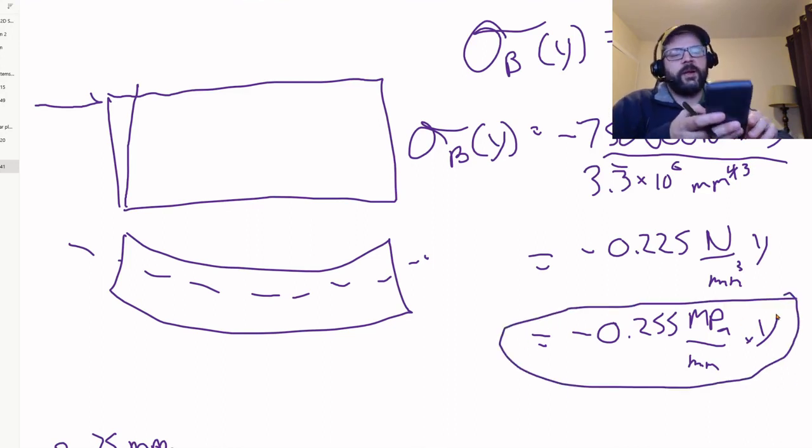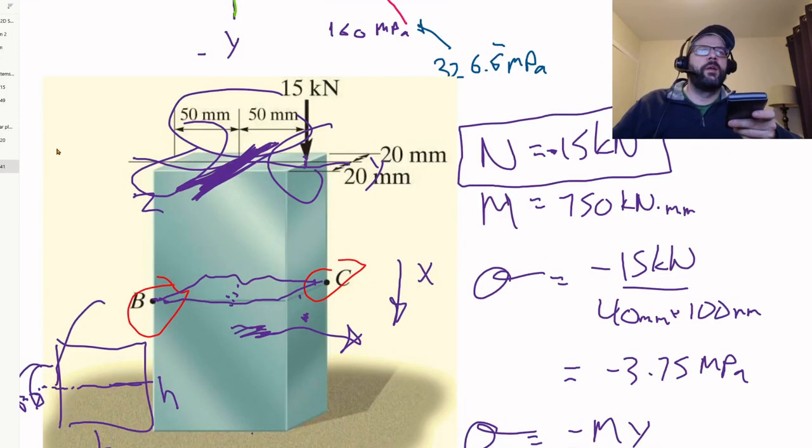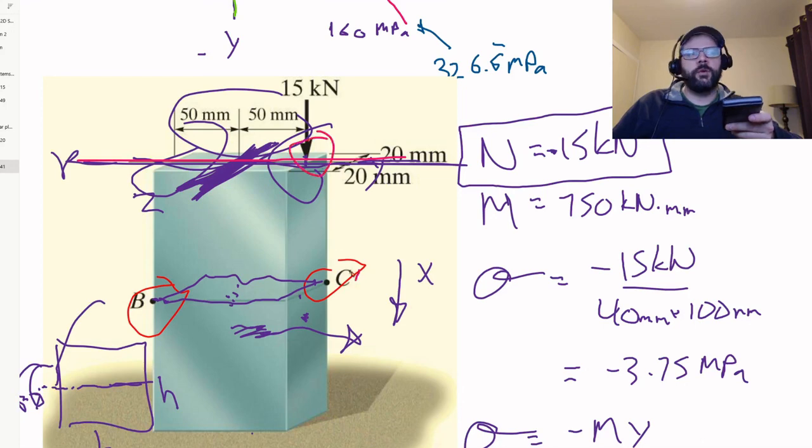So the y value that we plug in there, these y coordinates, this axis right here, I'm going to put it in red, varies from the top, corresponding to the C of 50 millimeters, to the B of negative 50 millimeters.